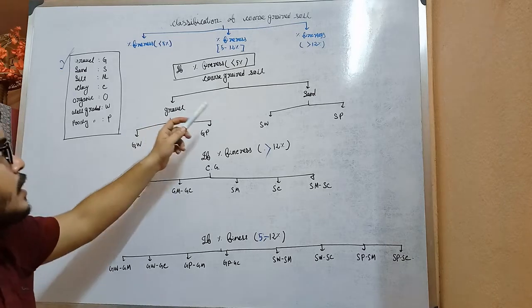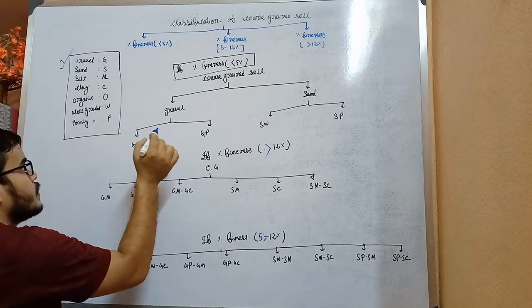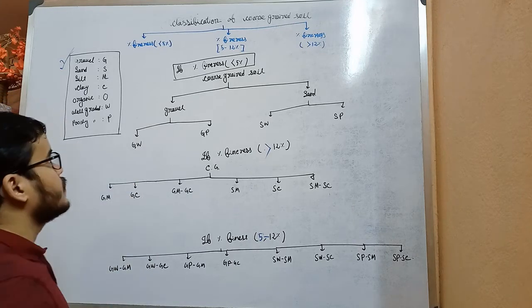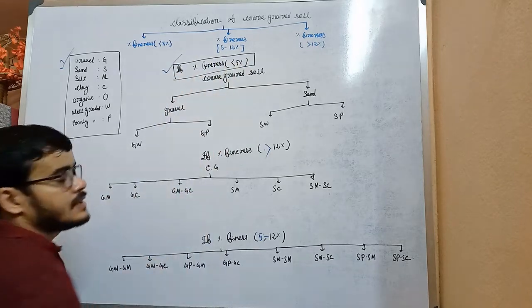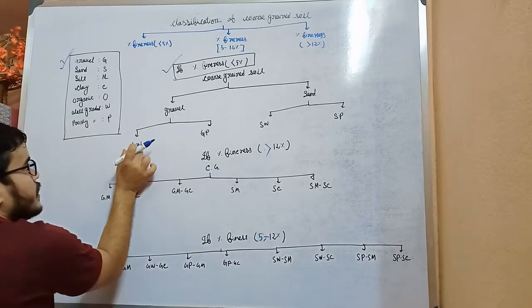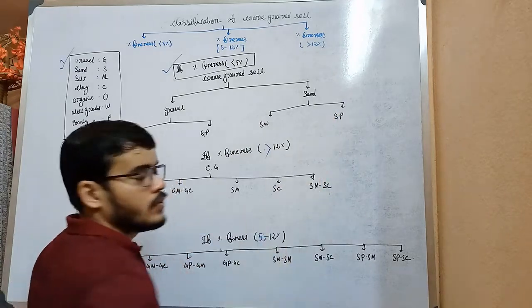We can only distinguish the soil on the quantity of its gravel and sand. Then it will be well graded gravel, poorly graded gravel, well graded sand and poorly graded sand.